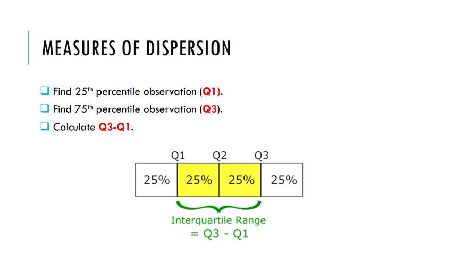So again, back to our diagram, we need to find Q1, the 25th percentile, and Q3, our 75th percentile. We take Q3 minus Q1, in other words, the 75th percentile minus the 25th percentile, leaving us that middle 50%, which we call the interquartile range.